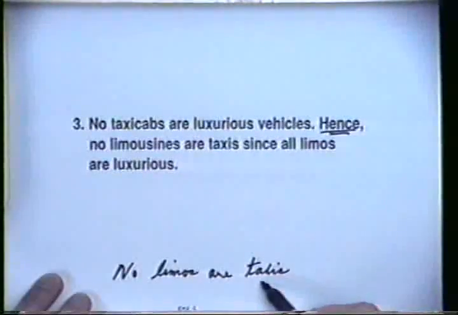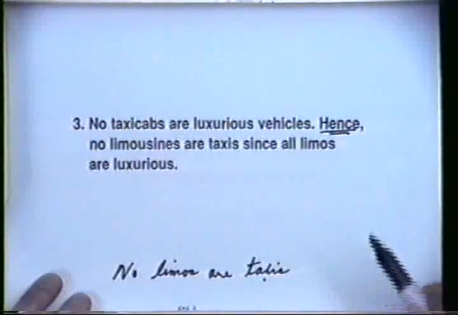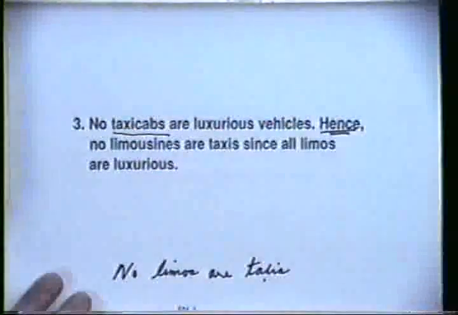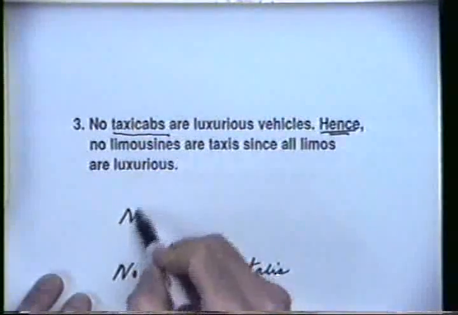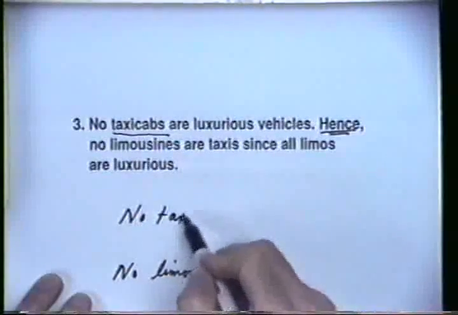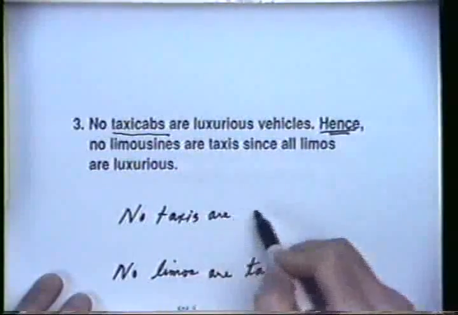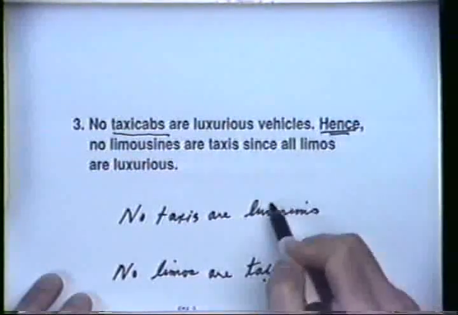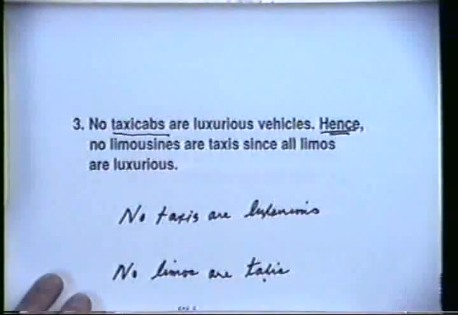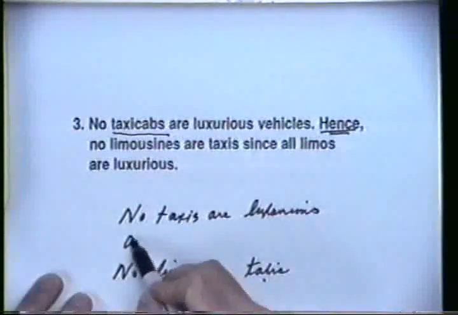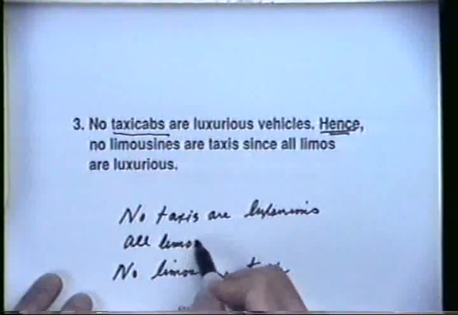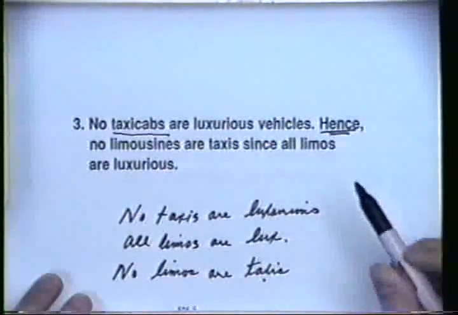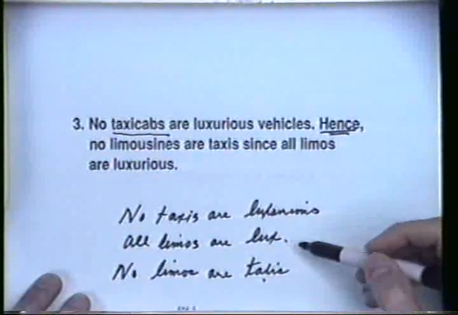That, of course, makes taxi our major term, and here it is here. So the first premise, the major premise, is no taxis are luxurious. And all limos are luxurious, then, must be the minor premise.